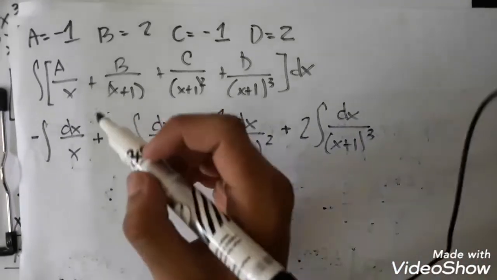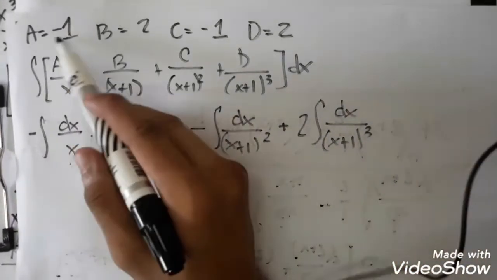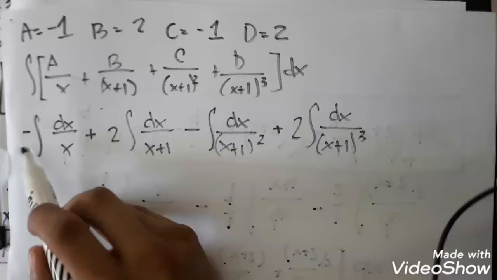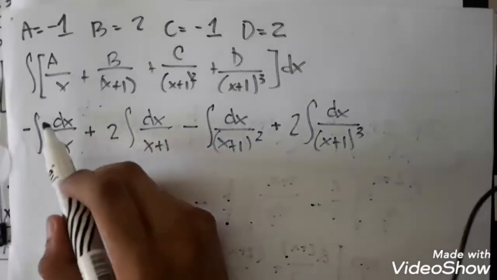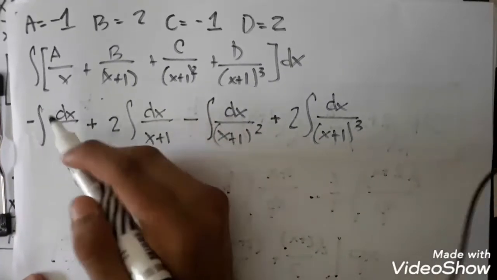By the way, we should also not forget the negative sign on letter a, because a is equal to negative 1, so we should put negative to the integral of dx over x.